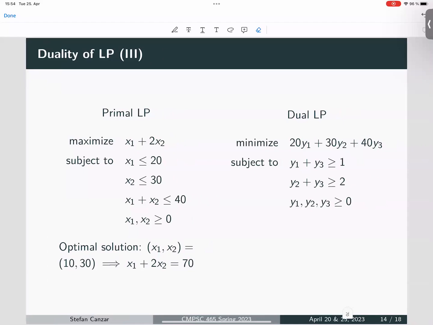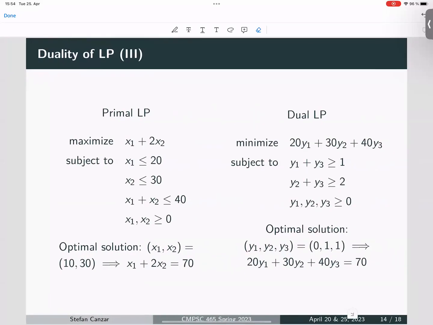And you will see this is optimal because of the following. If I compute the optimal solution of the dual linear program, it turns out that it sets y1 to 0, y2 to 1, and y3 to 1. And if I plug this into my objective, I get a value of 70, which matches exactly the score of my optimal solution to the primal linear program.